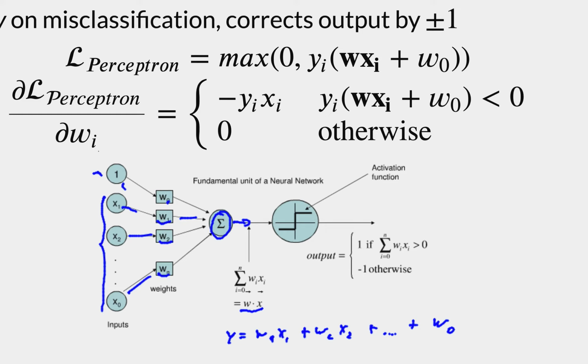To make a prediction, we pass this through an activation function. So if the total sum of the activations is larger than minus W0, then we predict +1, and otherwise we predict -1. So this W0 is basically the bias. It defines where this threshold lies, given your data.